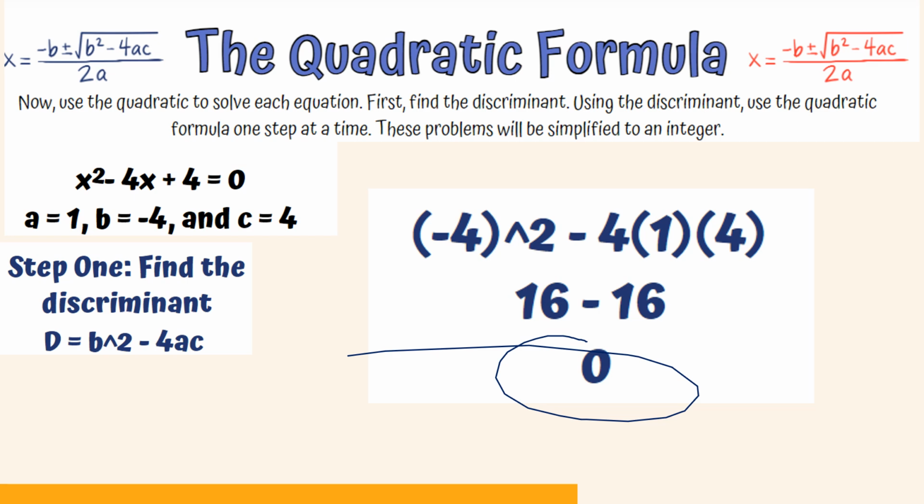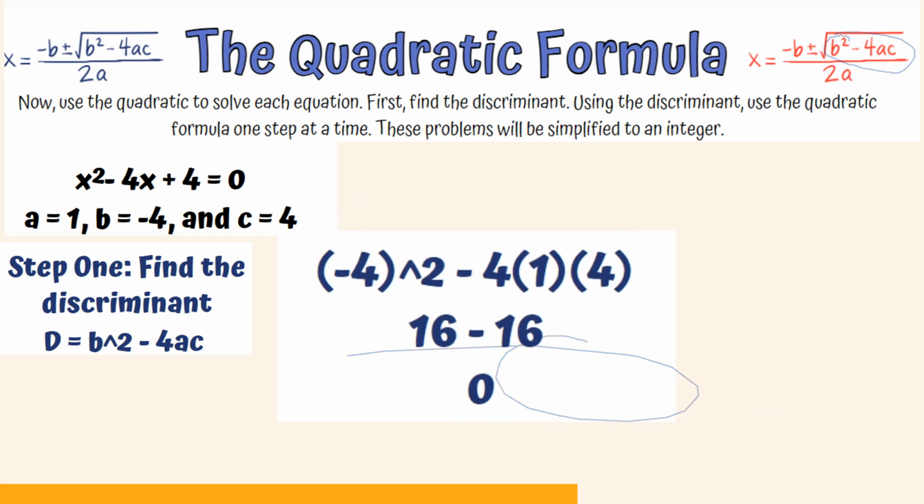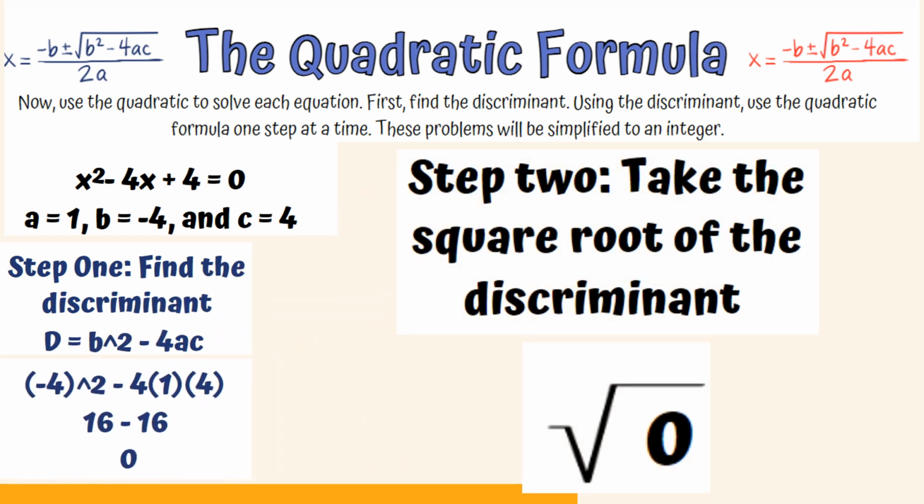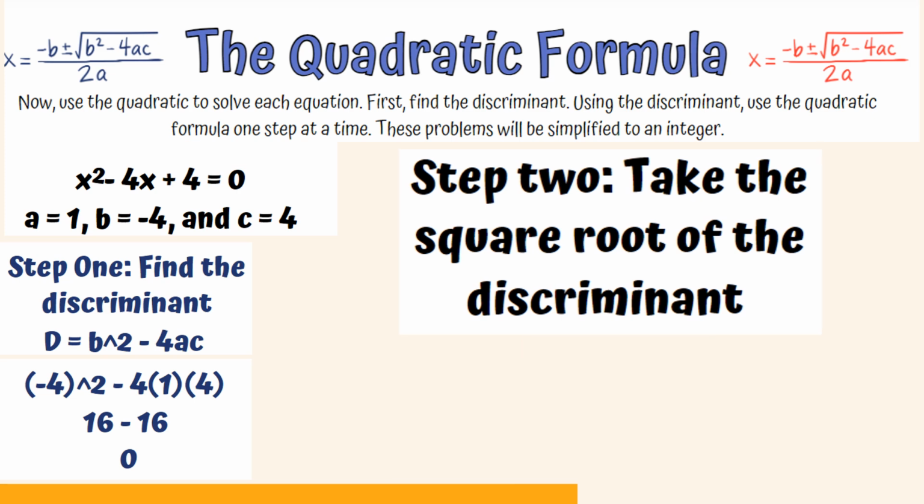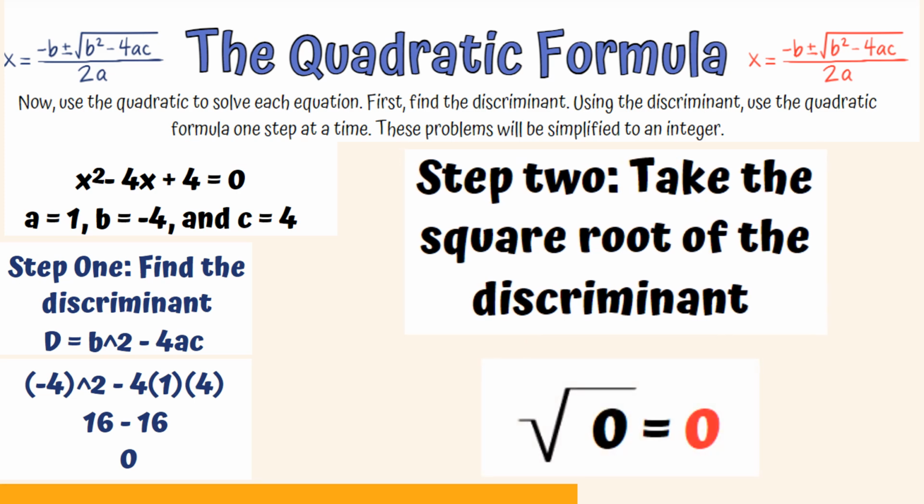So we found the discriminant, which is our value underneath the radical sign. And now we're going to take the square root of it. So what's the square root of 0? That's right, it's 0, because 0 times 0 is 0.